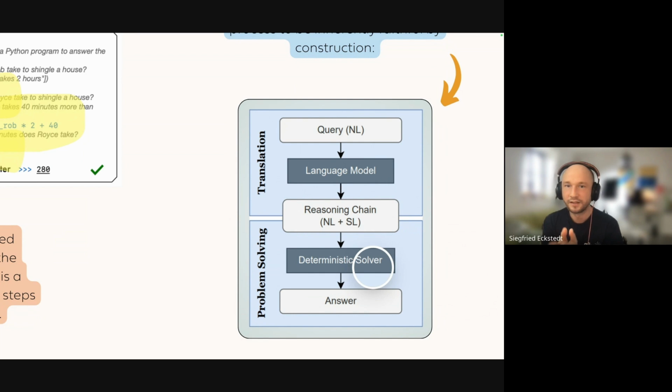Deterministic means that it's not based on probability, but based on either-or, black or white. It has no room for error in this regard.